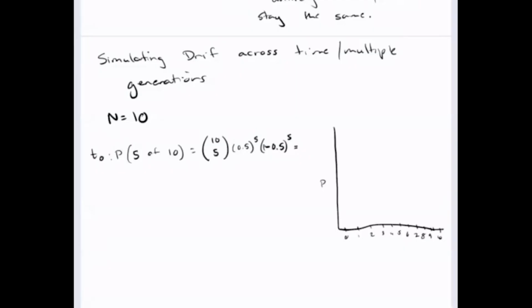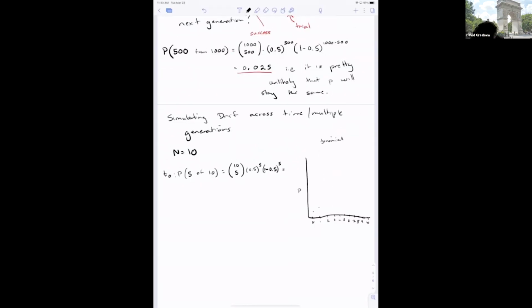If we look at the binomial distribution, we expect to see a distribution that looks like this, with highest probability at 0.5, but all these other possibilities of either drawing 0 or 10 are also possible outcomes, with probabilities that we can compute based on the binomial distribution. So the probability of pulling 5 big A alleles out of 10 is going to be 0.246.